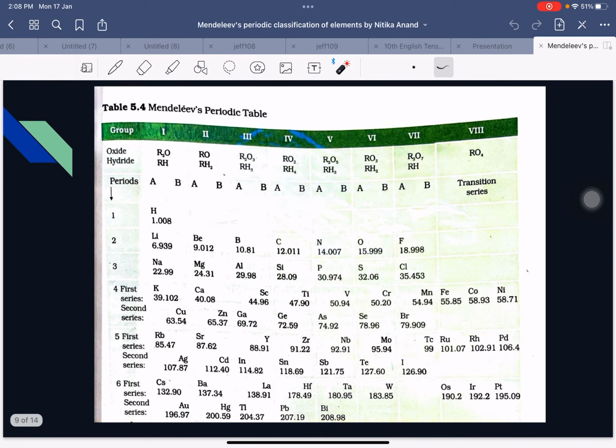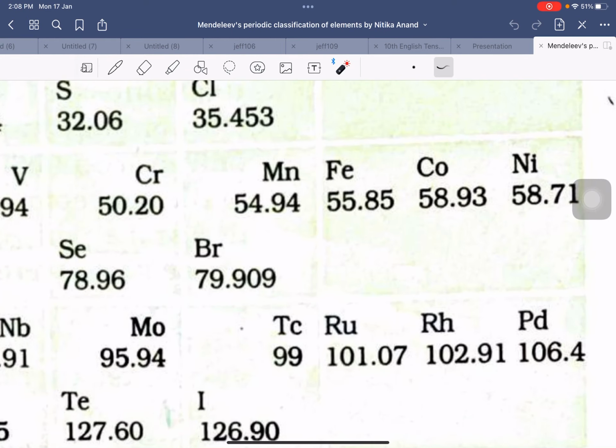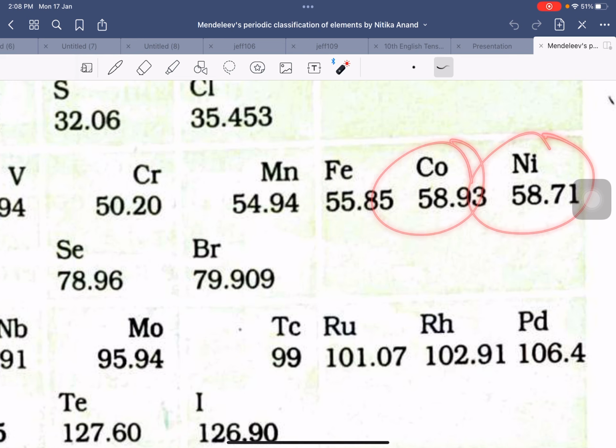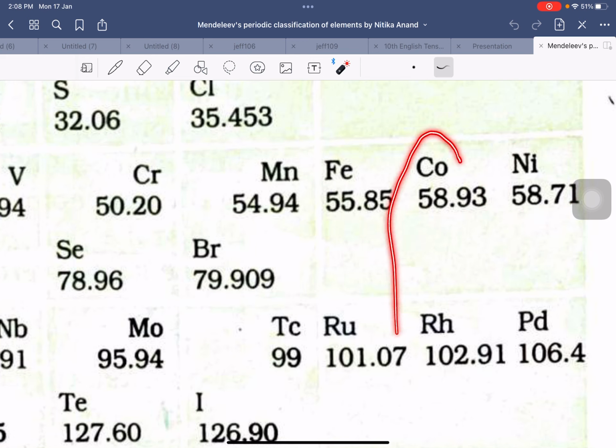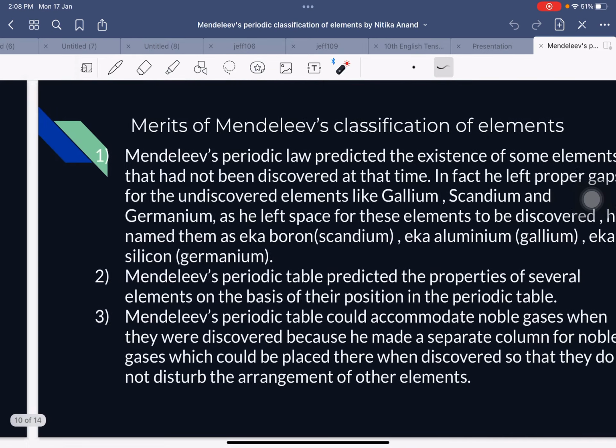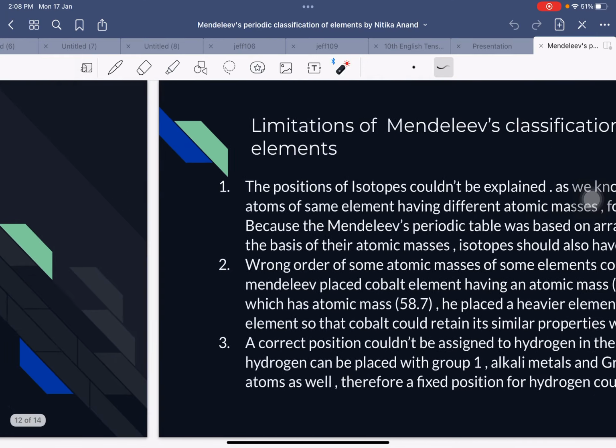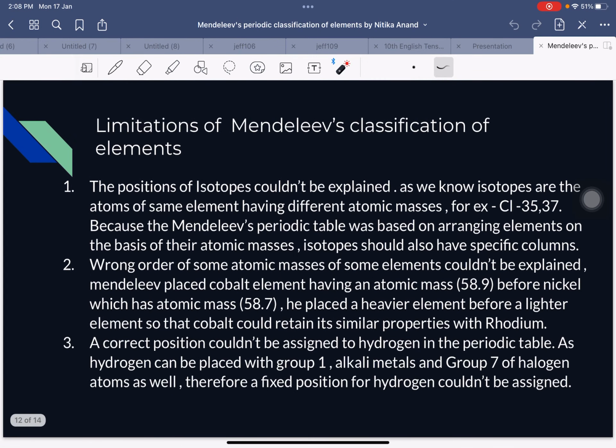Here in the table you can see cobalt and nickel. He placed cobalt before nickel, although the weight of nickel was lighter than that of cobalt, so that cobalt and rhodium could match properties. After the scientists spotted the mistake, he couldn't justify it.